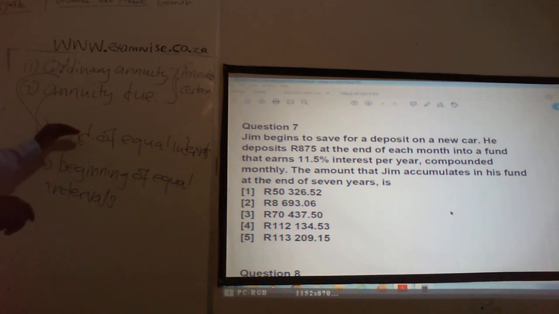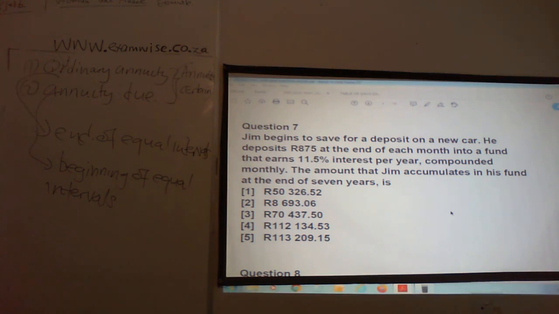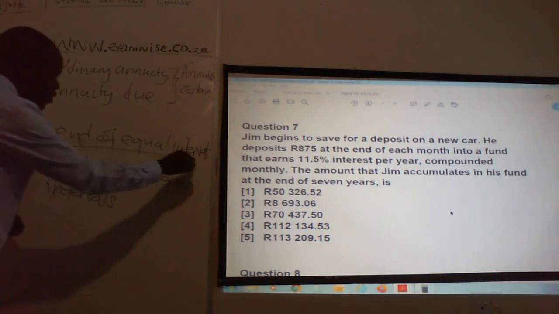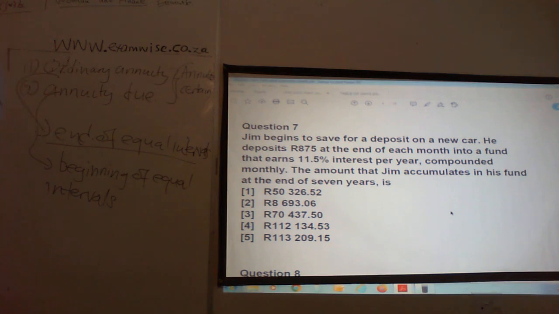That is how we differentiate between annuity due and ordinary annuity. End of equal intervals is ordinary annuity.